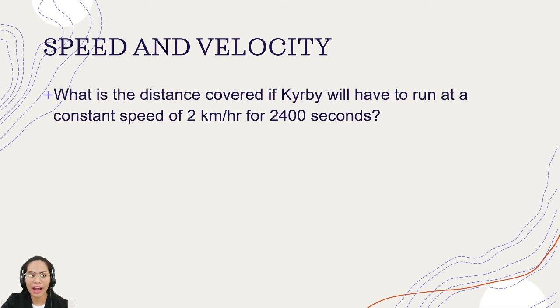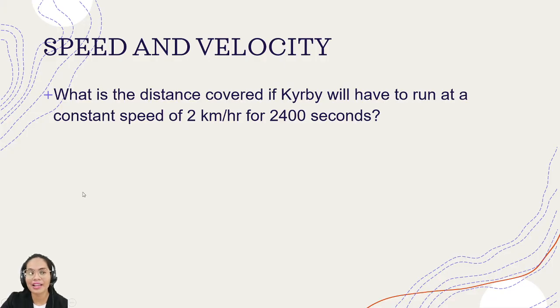And then for our next problem, I think that's second to the last. Sorry, that's last problem already. So what is the distance covered if Kirby will have to run at a constant speed of 2 kilometers per hour for 2,400 seconds. So we have two choices here.